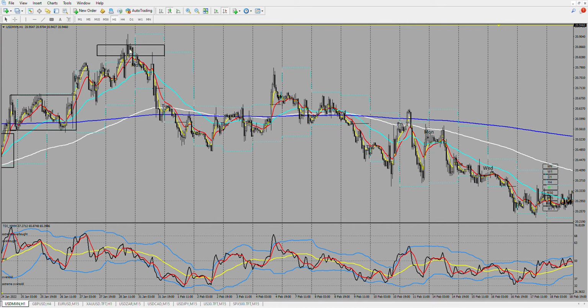From this peak formation high, there was one impulsive push to the downside and a consolidation or a correction. This consolidation phase or correction phase, we will call a level. In this case, this will be our level 1 consolidation.